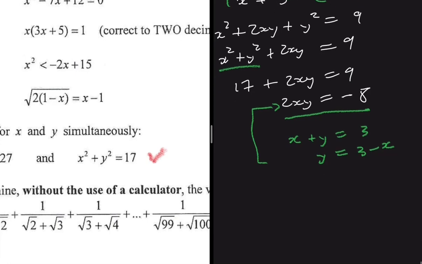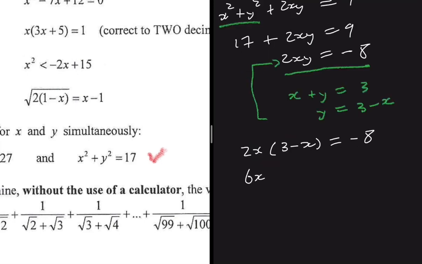If we do that, we're going to get 2 times x times 3 minus x, and this is all equal to minus 8. 6x minus 2x squared equals minus 8, right?